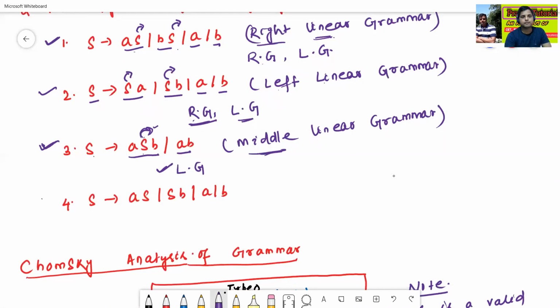Now we'll see the fourth question. See here, this production is right linear grammar and this production is left linear grammar.